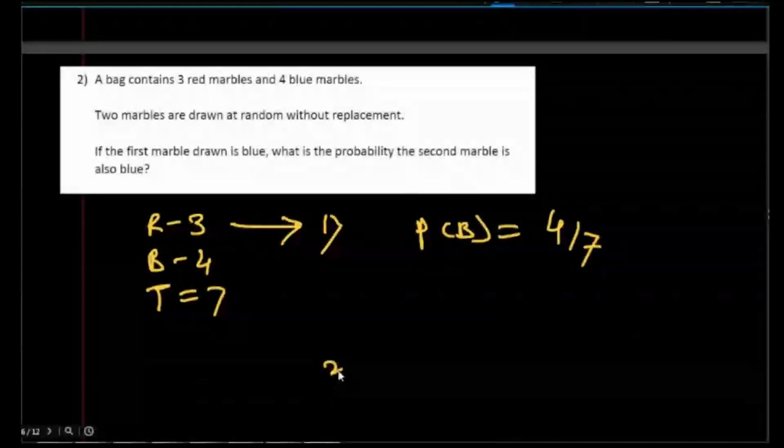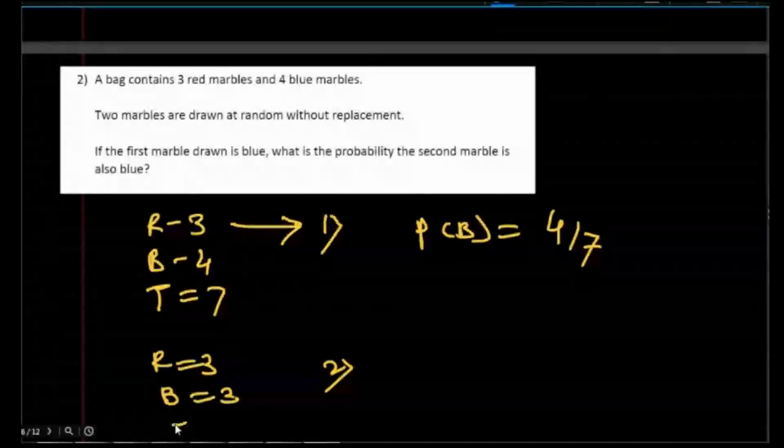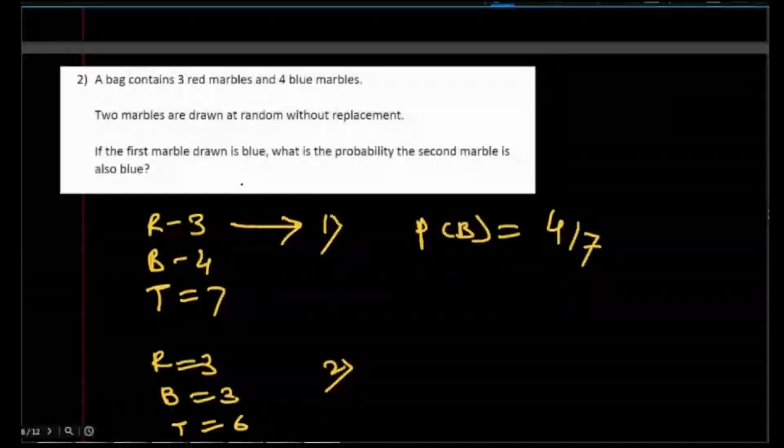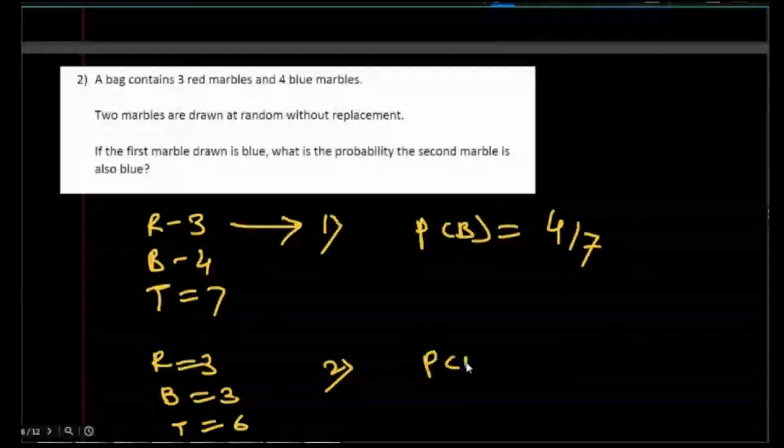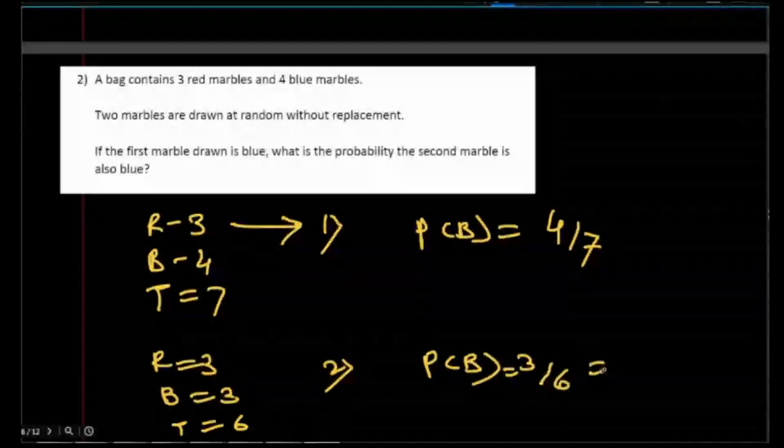For the second experiment, red will be 3 and blue will be 3, because in the first experiment we drew a blue marble, and the total will change to 6. What is the probability that the second marble is also blue? The probability of blue here is 3 by 6, which equals 1 by 2.